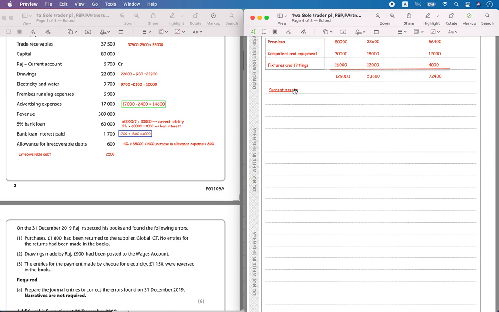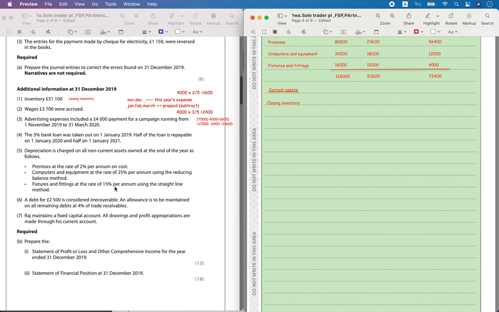For that too we have to use the closing inventory. So that's the remaining current assets with us. So closing inventory, then we have trade receivables, other receivables, and bank and cash. These become my current assets. So closing inventory is around 51,100. That I'm going to write first.